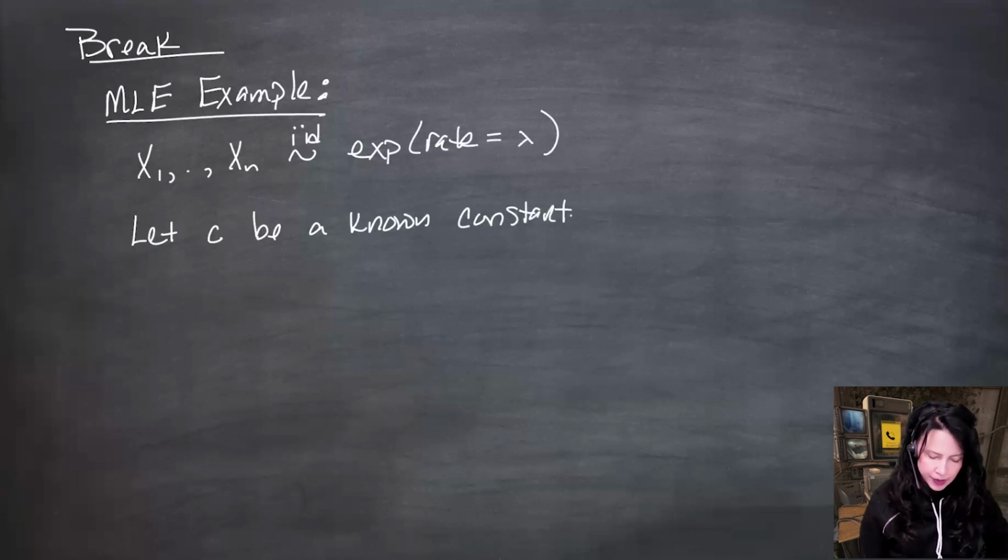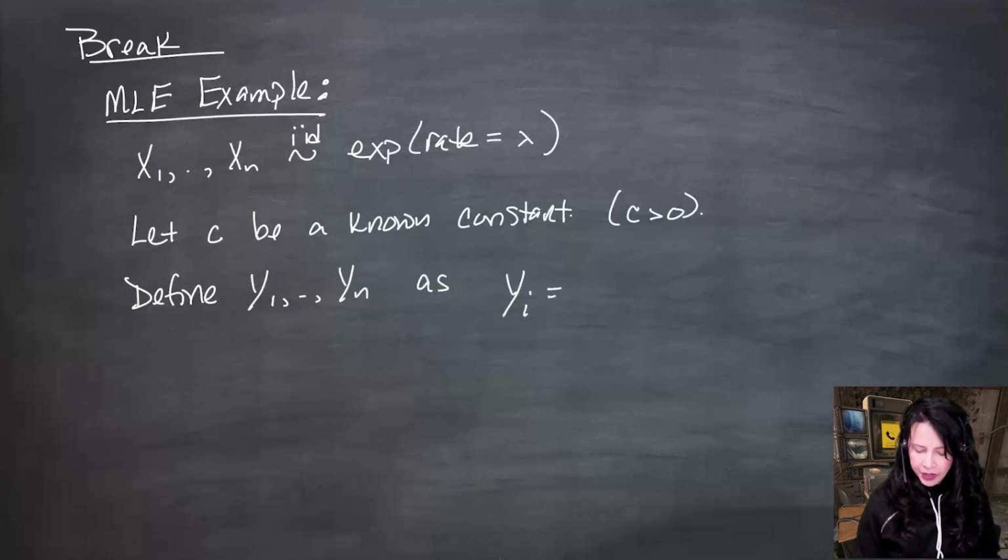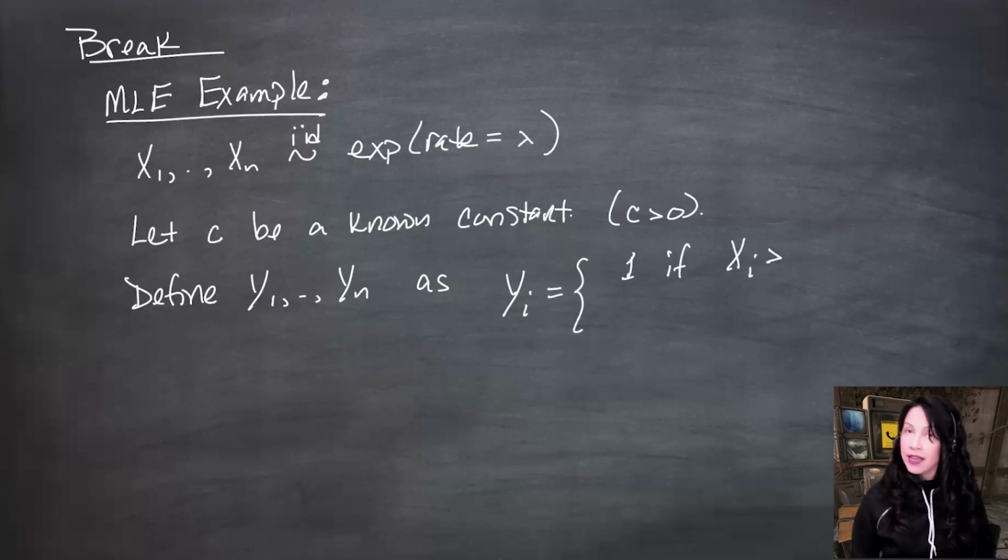And let's assume that it's greater than 0. I'm going to define a new list of random variables y1 through yn so that the ith one is going to be 1 if the ith x is greater than c, and yi is going to be 0 if the ith x is less than or equal to c.